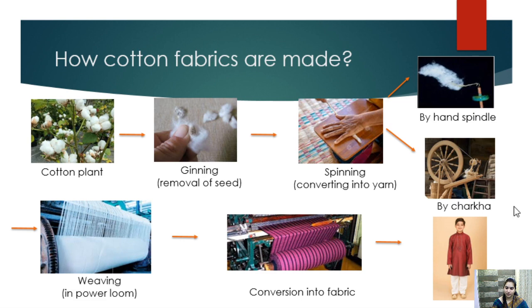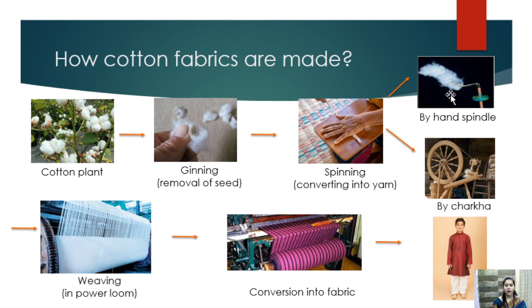So first we have a cotton plant. We take out cotton bolls from it. Then we remove the seed out of it. The process is called ginning. When the ginning process is completed, we spin it. The process is called spinning. Spinning can be done by two methods, either by hand spindle or by charkha.